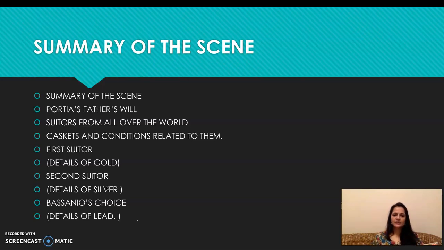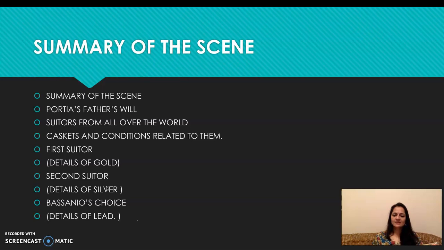We also have to tell that suitors from all over the world are coming to make their choices, because Portia is a very sought after woman. Everyone wants to marry her. She's rich, she's beautiful. Then we have to tell about the conditions related to the caskets. There were three conditions: suitors cannot reveal which casket they chose. If they choose wrong, they have to leave immediately, and they cannot ask the hand of any woman for marriage after losing this casket lottery.